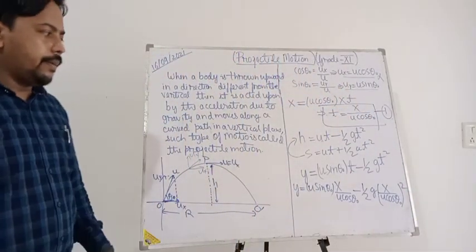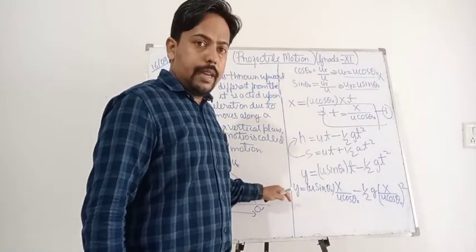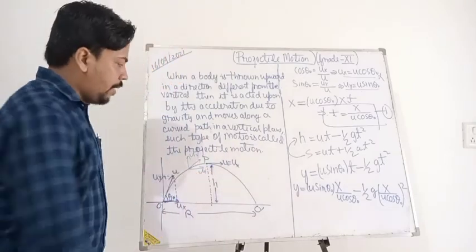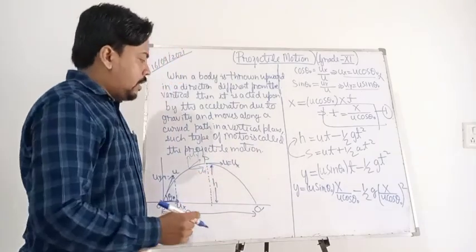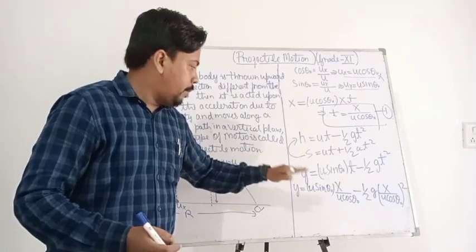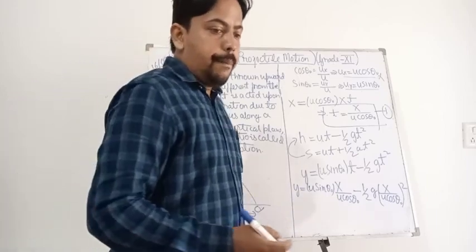This is what we will get. And this y component tells us which type of path we are getting here, as we have drawn the path. This path can be proven by the equation we get here, because we will get the equation of a parabola.